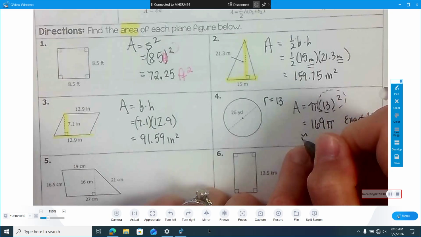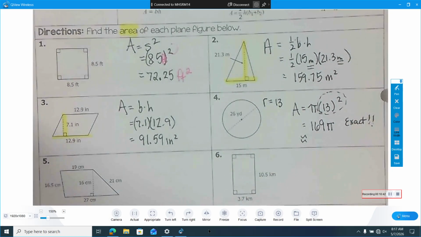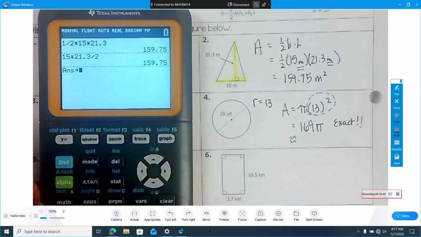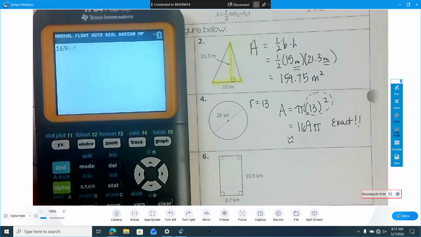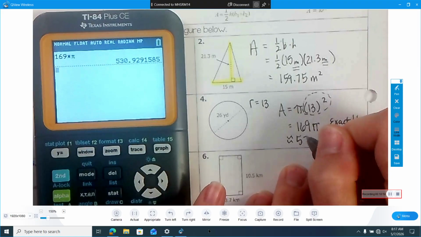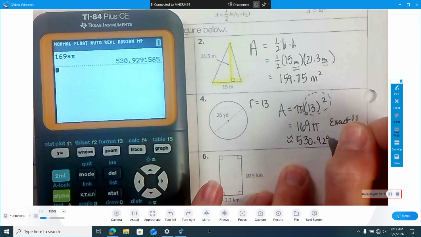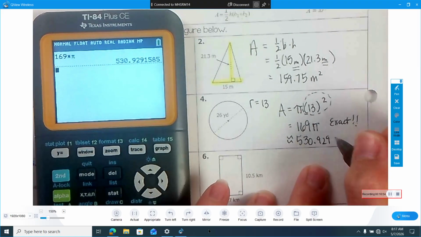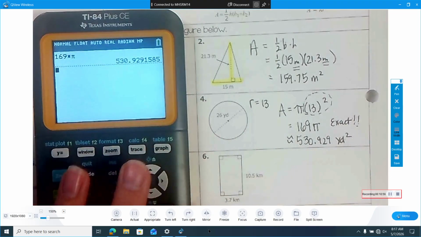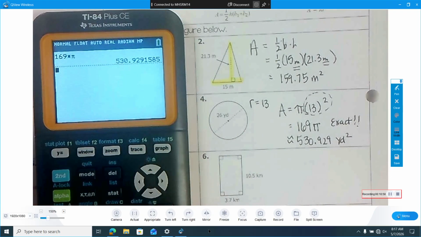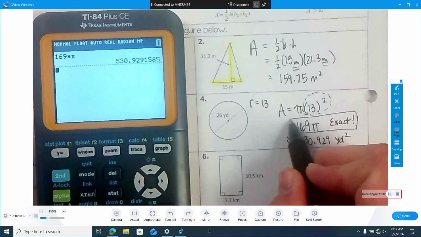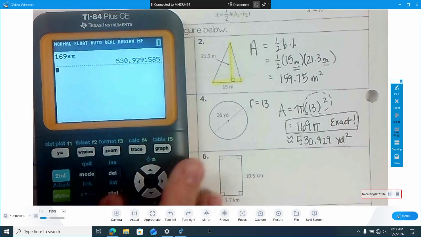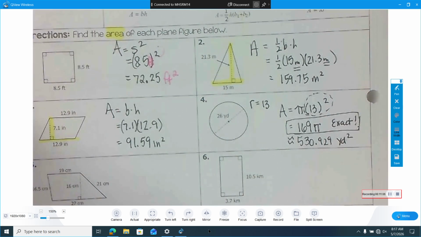And if I want a decimal, then 169 times pi would be 530.929 yards squared. But keep that in mind: if they want the answer in terms of pi, then this is the answer, because it's got a term with a pi in it.